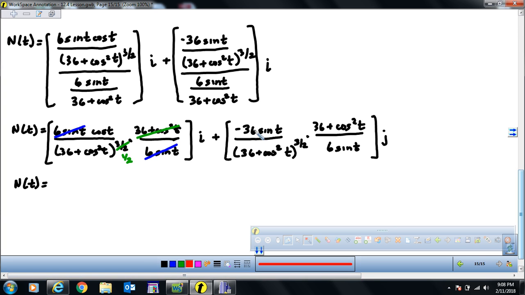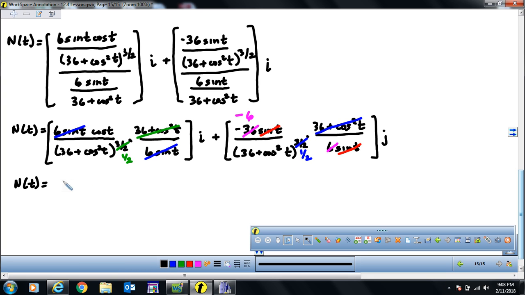Same thing here, sine of t and sine of t reduce. Negative 36 divided by 6 gives me negative 6, and one of these with one of these, so that's 1.5, leaving me with 1/2 on the denominator.